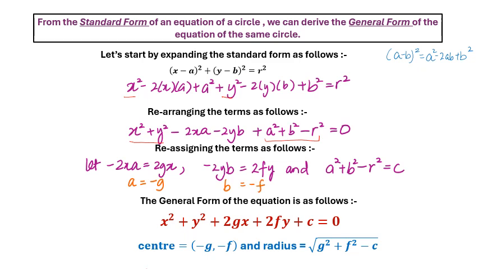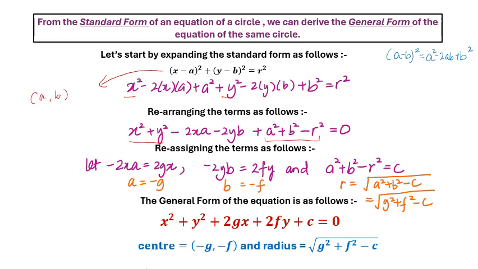And we're going to make r the subject here. If you substitute your a, because a is negative g, a squared will just be negative g times negative g, giving you g squared. And likewise b squared will be negative f times another negative f, giving you f squared, minus c. Right, so if you recall, the center for your standard form is a comma b.